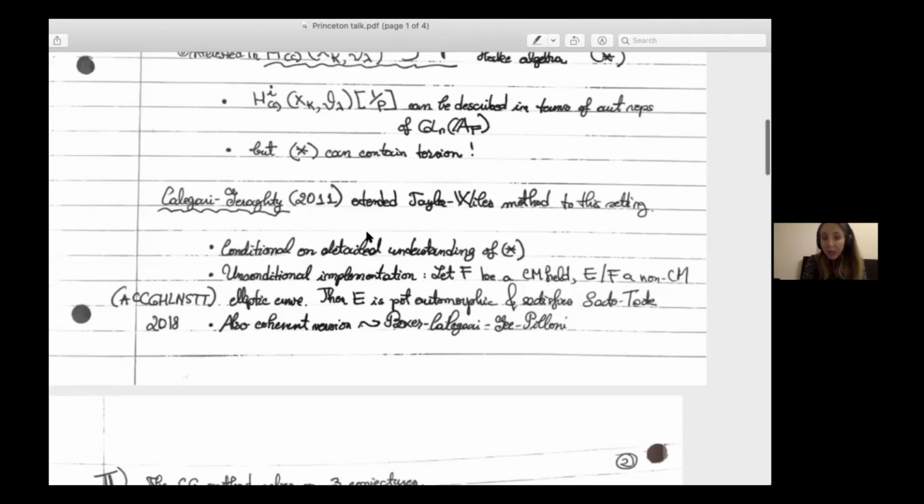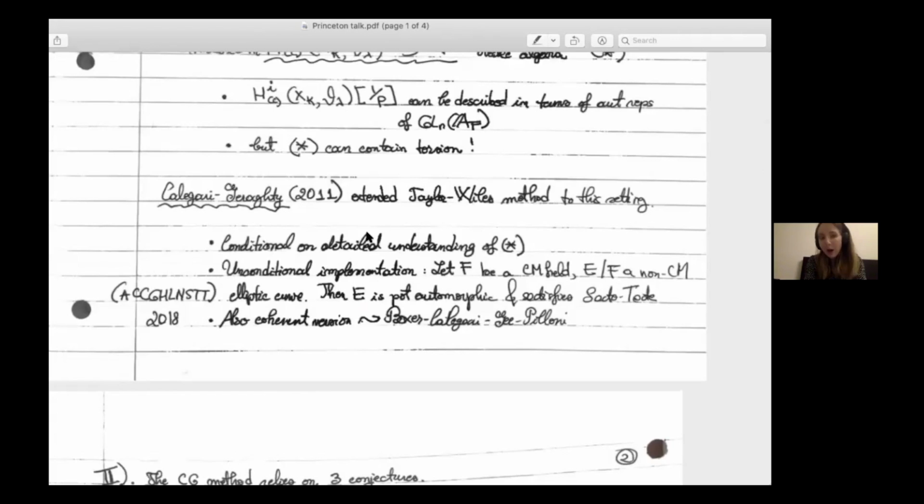And the way that we do it is via proving potential automorphy of the symmetric powers of the Galois representation associated to this automorphic representation. So it's the same technique as we use for E.